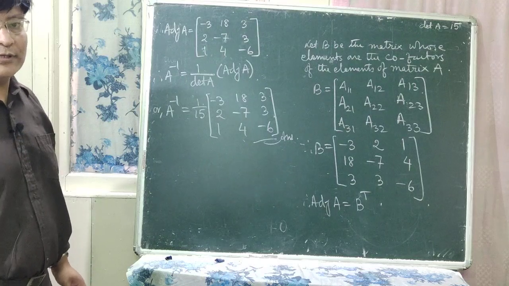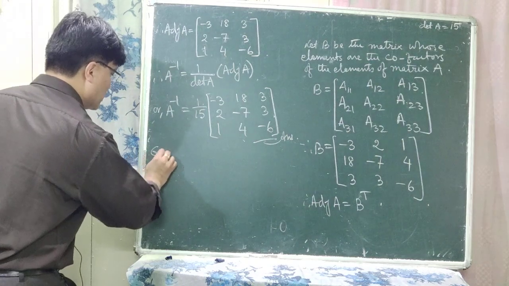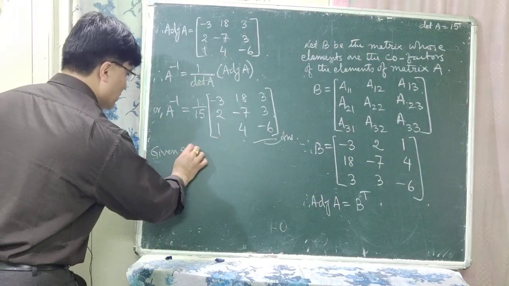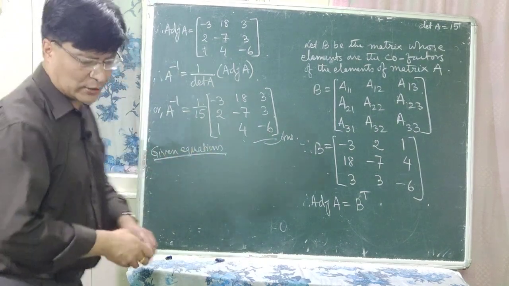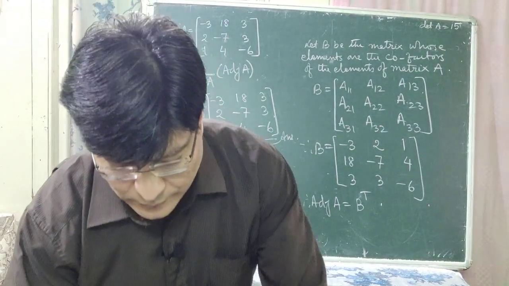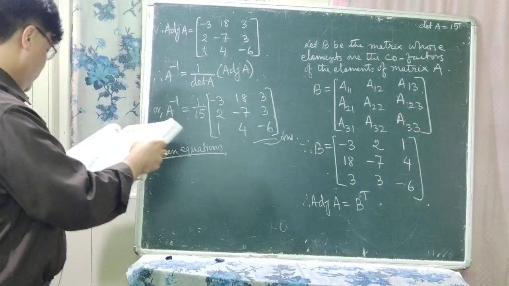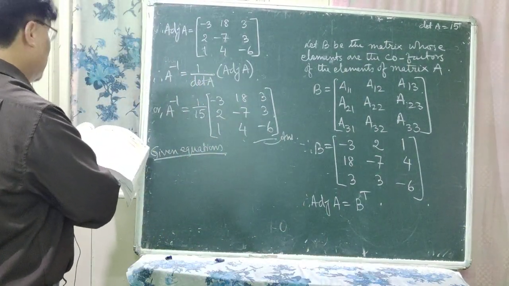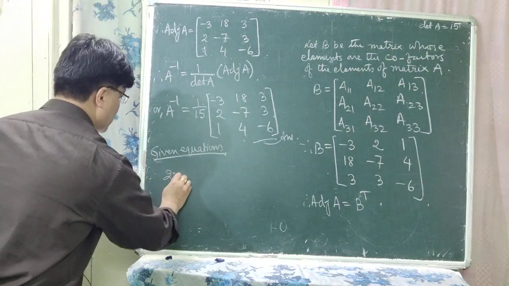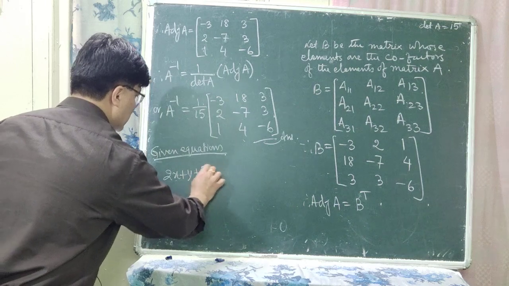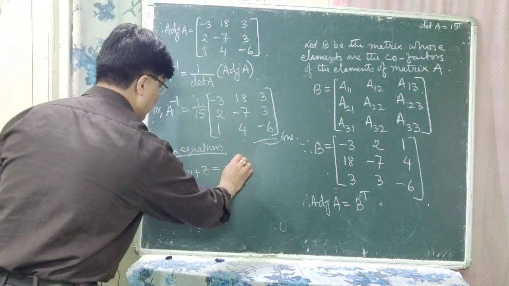Now we have to solve the given system of equations, right? What were the given equations? This was question number 14. The given equations were 2x plus y plus z is equal to -5.